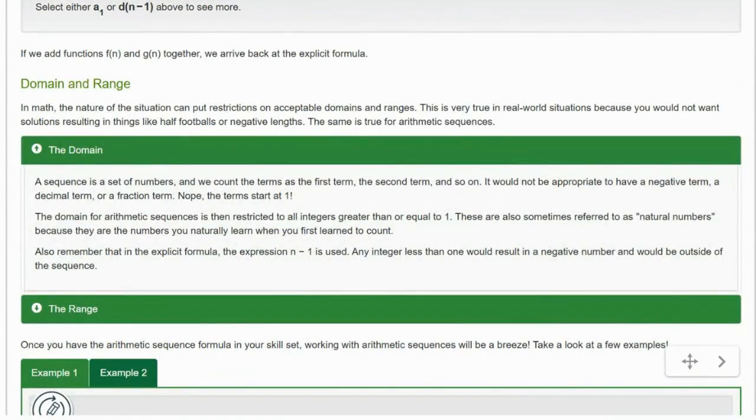So it would not be appropriate to have a negative term, a decimal term, fraction term. The terms always start at 1. This is the first term. So the domain for arithmetic sequences, and this is for all arithmetic sequences, is restricted to all integers greater than or equal to 1. That's it.